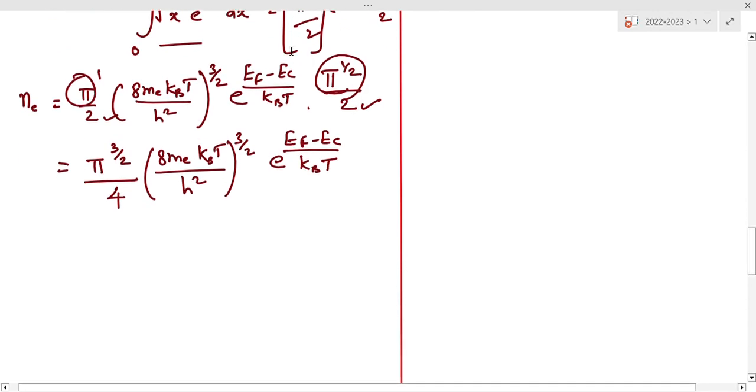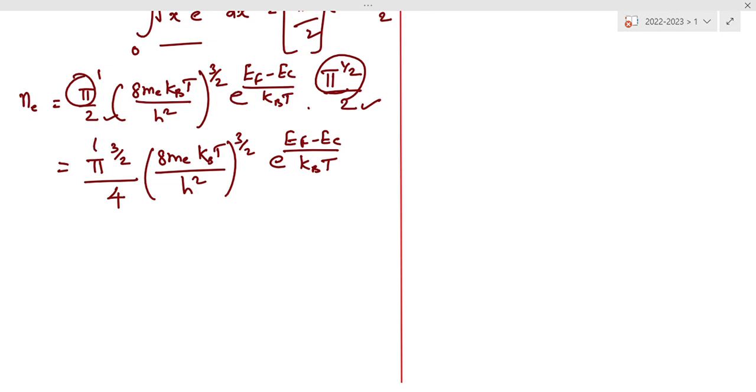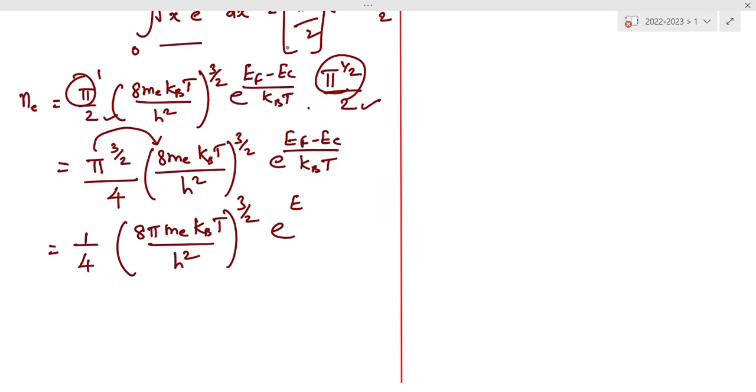Now this pi power 3 by 2 is also taken inside this bracket. So I'll get 1 by 4 (8 pi me kBT by h square) the whole power 3 by 2 e power (EF minus EC) by kBT.